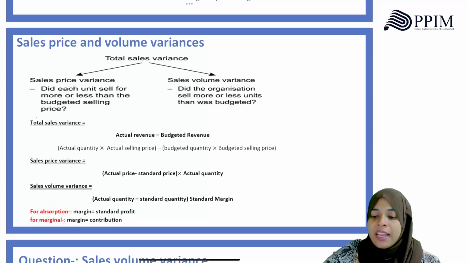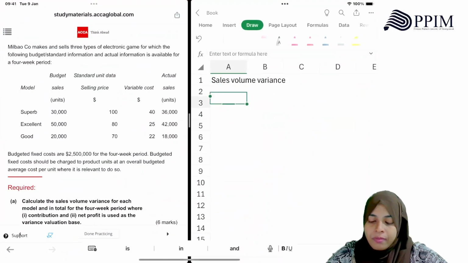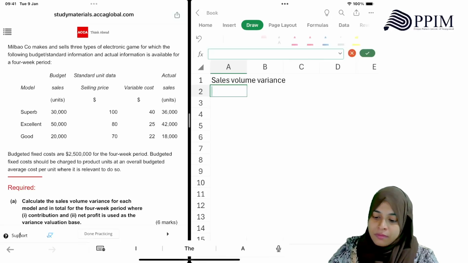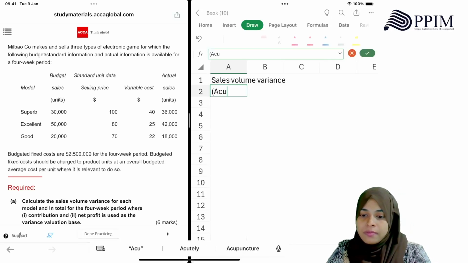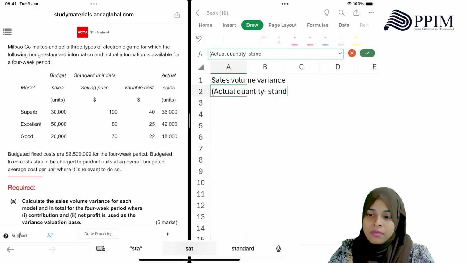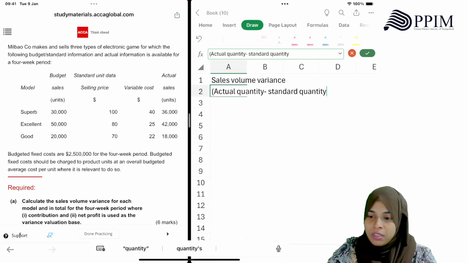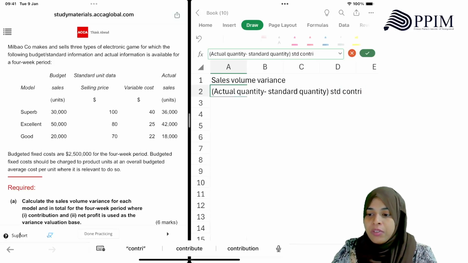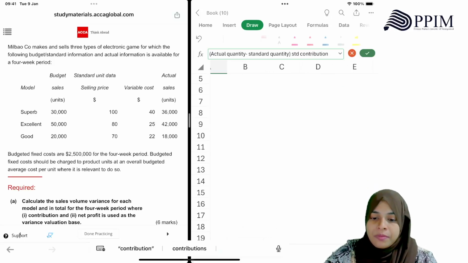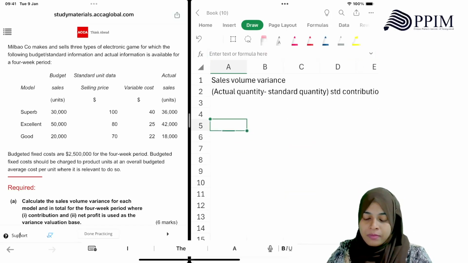Actual quantity minus standard quantity into standard quantity. Do we have to write the equation? No, I'm just writing it first. Into standard contribution first, because they're asking to do it using contribution. Okay. So it's 3 products now, so I have to do it in a table.